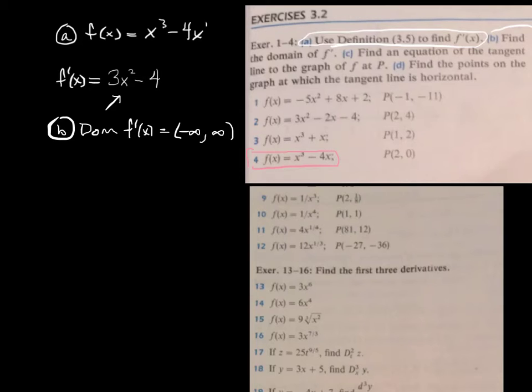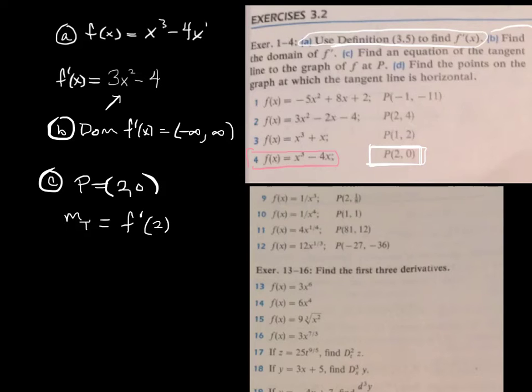All right. Find an equation of the tangent line to the graph of f at p. So the p in question is right here, 2, 0. Our point is 2, 0. And our slope will be the slope of the tangent line at this point, which is going to be f prime of 2.